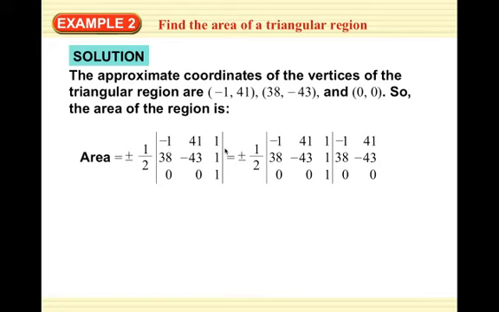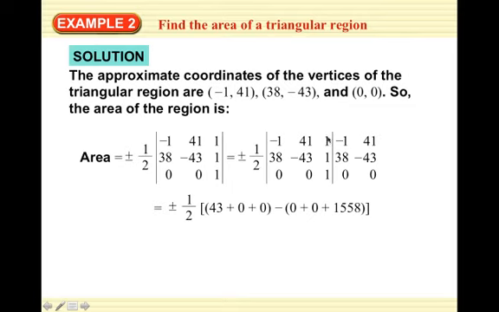Okay, so we need to recopy those first two columns in order to be able to calculate the determinant. So we're going to have plus or minus 1/2. We're going to multiply down the first main diagonal. So negative 1 times negative 43 is 43 times 1 is 43. And then we move to the next main diagonal. So 41 times 1 times 0 is 0 plus.